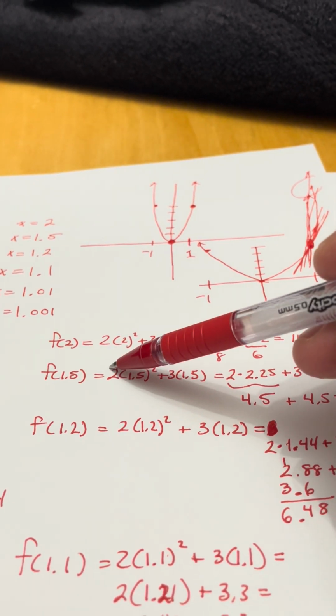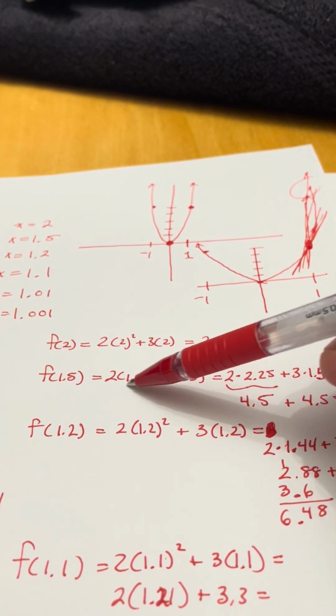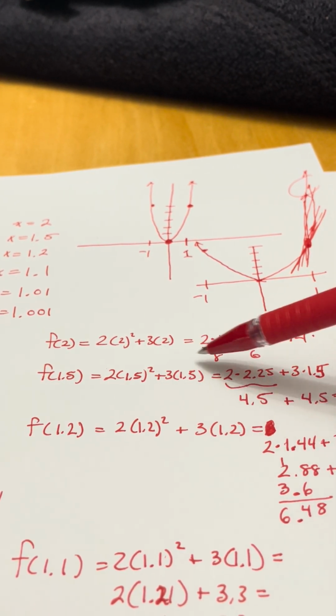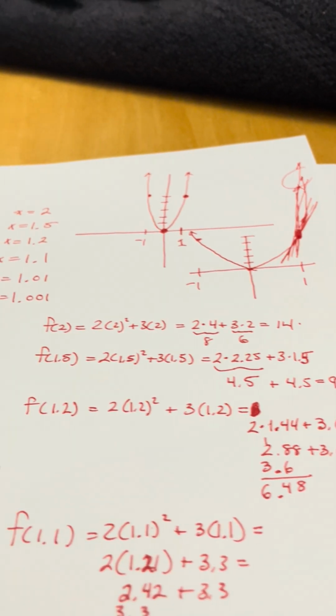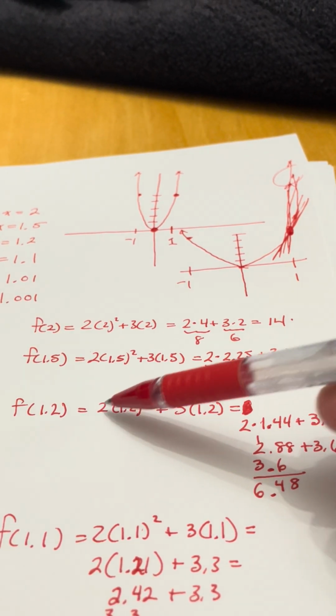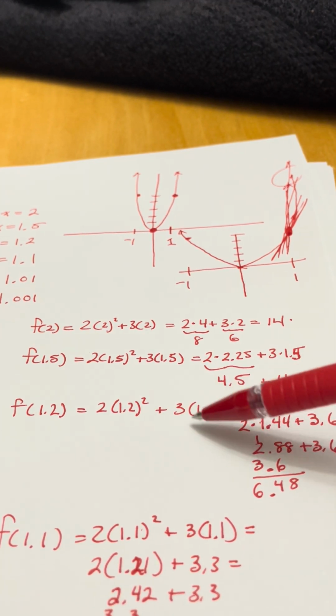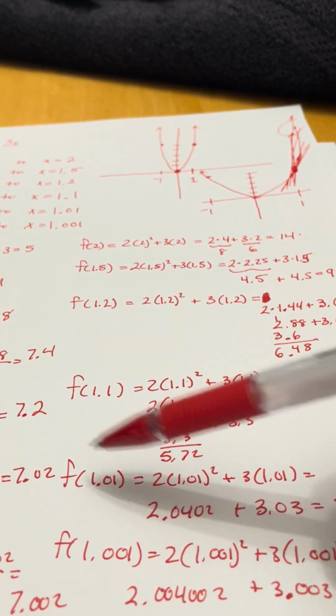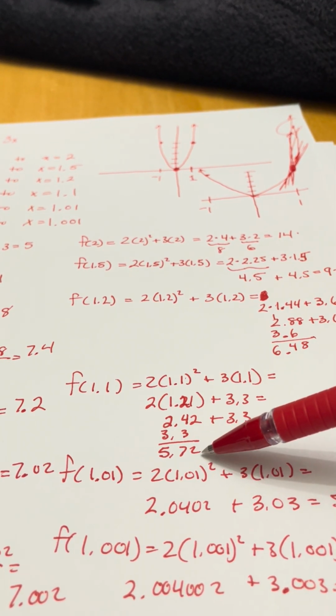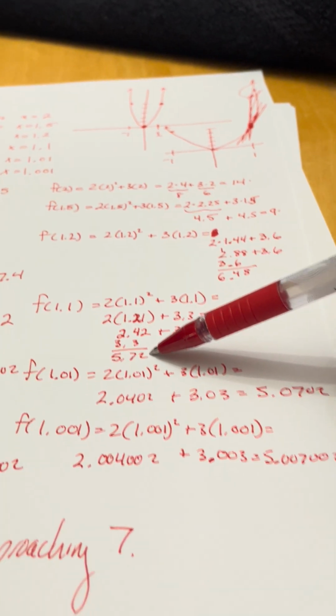Then I did 2 times 1.5 raised to the second power plus 3 times 1.5, and I got 9. Then I put 1.2 squared, and I have 3 times 1.2, and I got 6.48. Then I did 1.1, doing that same process, and I got 5.72.